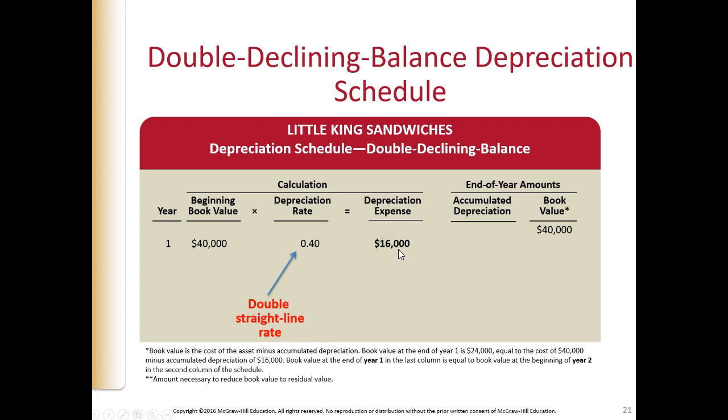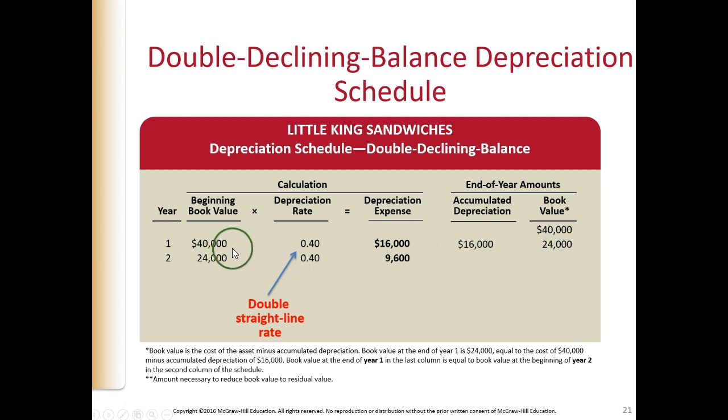So that's more than double the first year's depreciation for the straight line method. So it's called an accelerated depreciation method. We take more depreciation the first several years as compared to the last several years. Accumulated depreciation at the end of the first year, $16,000. Book value, 40 minus 16, 24,000.